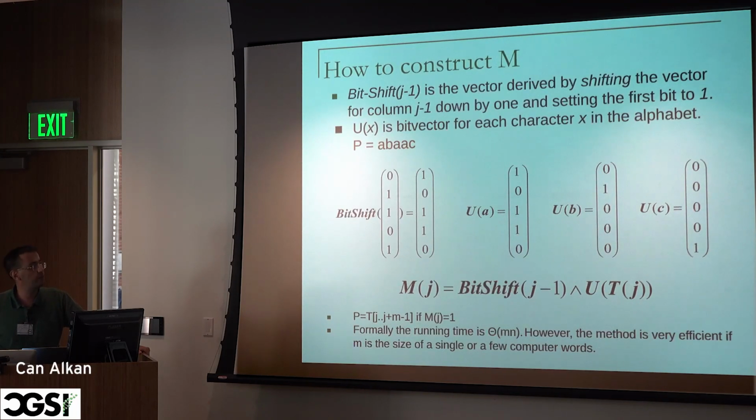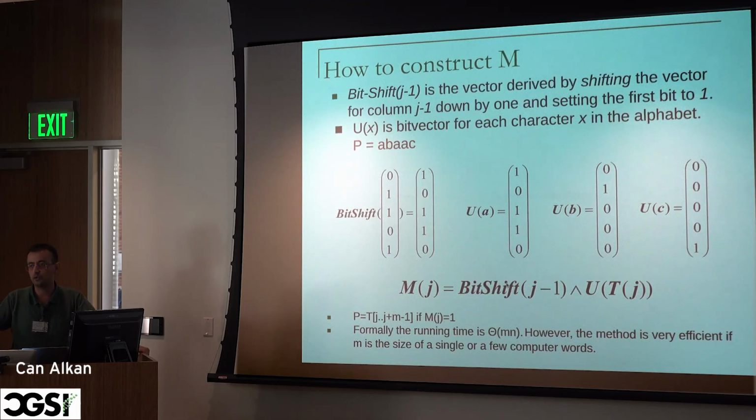For this, we need one operation called the bit shift, which looks at the previous column, shifts the bits by 1, and then sets the topmost bit to 1. We also have additional bit vectors that represent the pattern. So if our pattern is ABAAC, for example, and our alphabet has A, B, C, we need 3 bit vectors UA, UB, UC, which show you the positions of those characters in the pattern. Then the table is calculated by this.